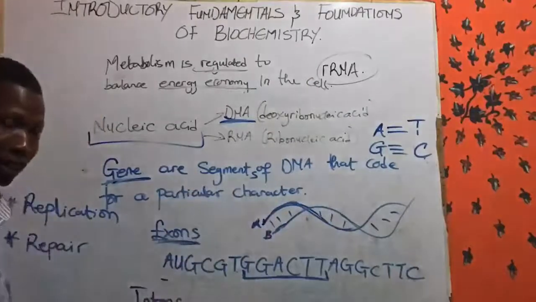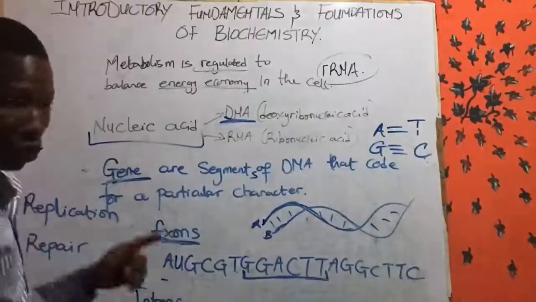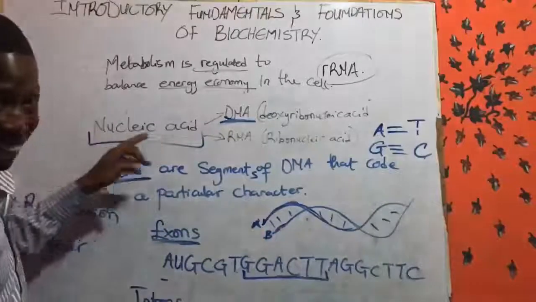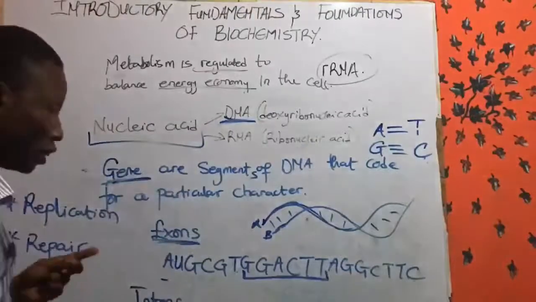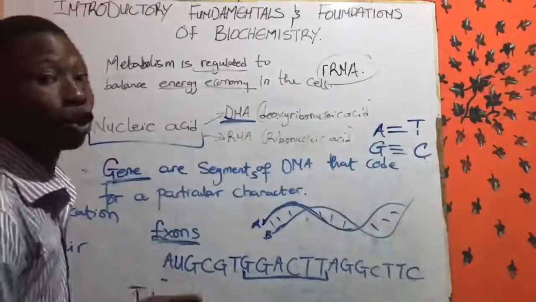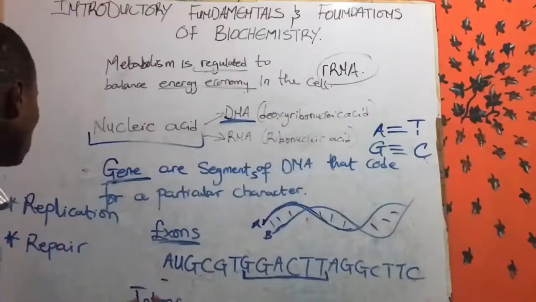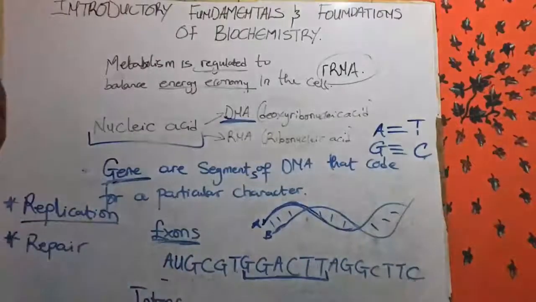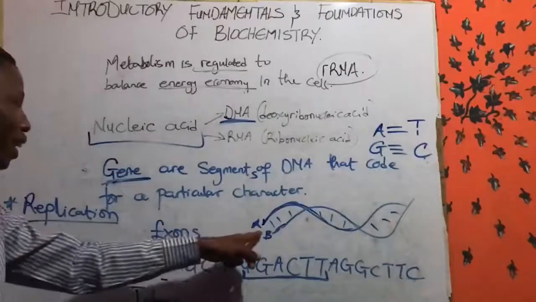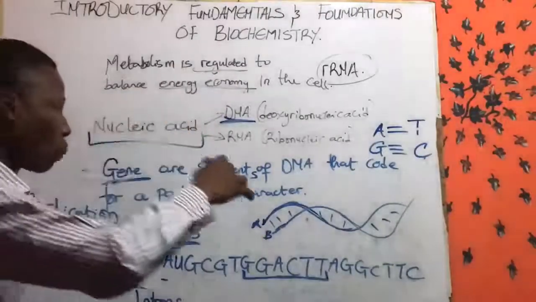So I'll go through what I've said again. Genetic information, which we have said is nucleic acid conserved in the nucleus of an organism, is the molecule that helps transfer information from one generation to the other. How does it do it? Replication. This nucleic acid has the ability to unwind and produce a faithful copy of itself.